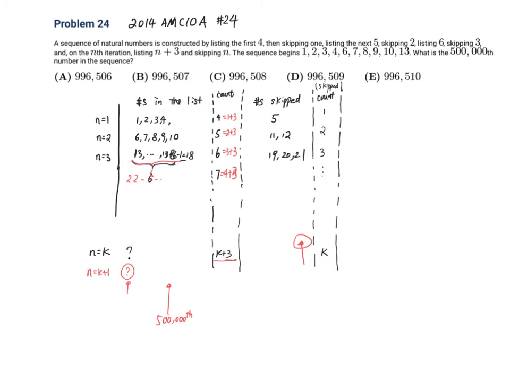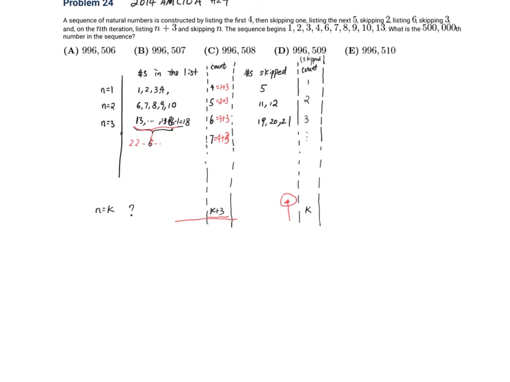So we are going to do some algebra. Let me erase that. In other words, we want to figure out 4 plus 5 plus 6 plus all the way up to this particular number.